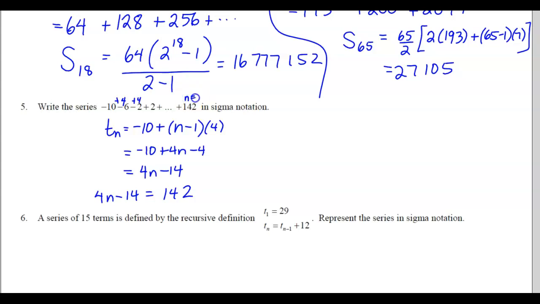We don't know what n is, right? So 4n equals 156, n equals 39.